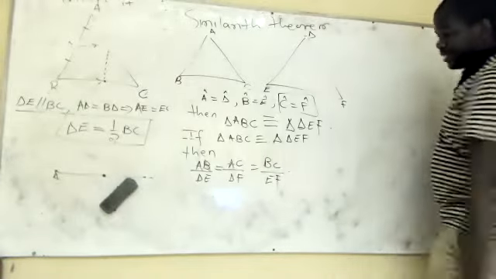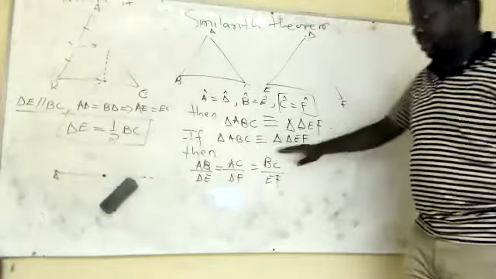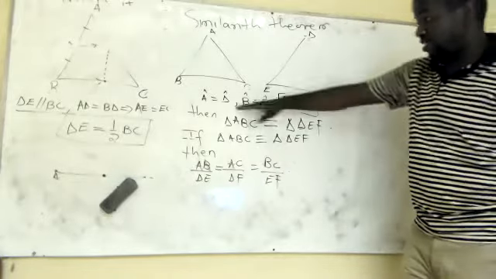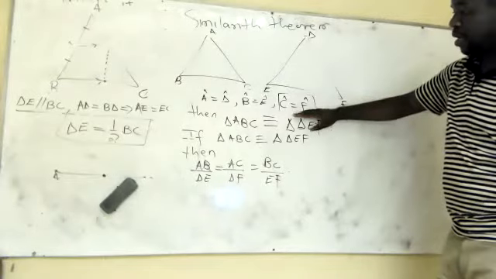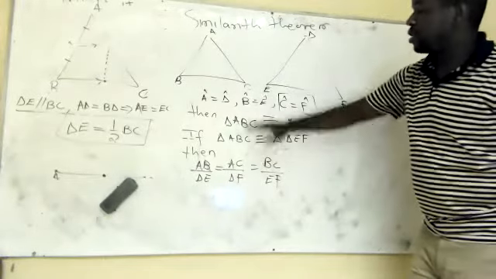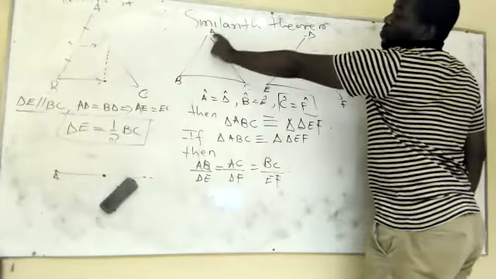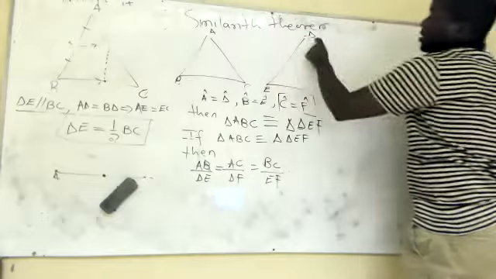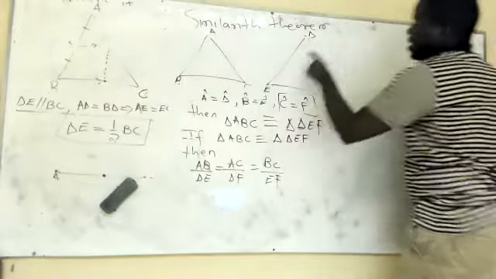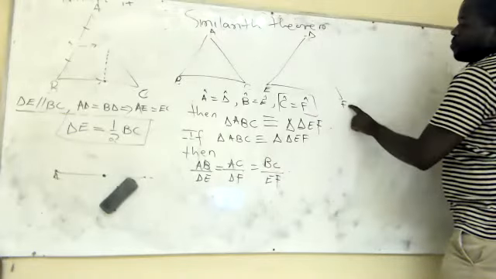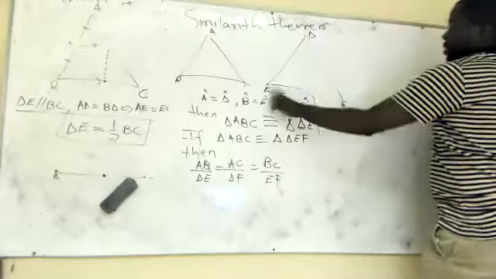So the similarity is saying, if two triangles are similar, of which I believe you know that triangles can be similar if these three conditions are met, then the ratio of AB divided by DE is equal to the ratio of AC divided by DF, which is equal to BC divided by EF.